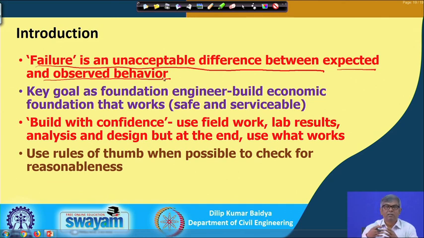It is not always a failure; the difference has to become unacceptable. That means, if settlement is kept at, suppose, 25 millimeter, and settlement is not stopping after 50 millimeter, that means it is beyond our acceptable limit, and that is considered a failure. That is what failure is: an unacceptable difference between expected and observed behavior.